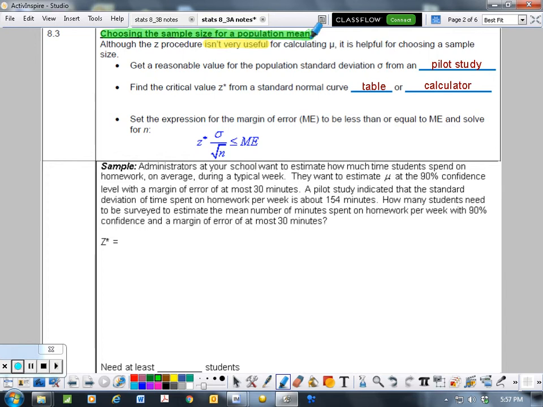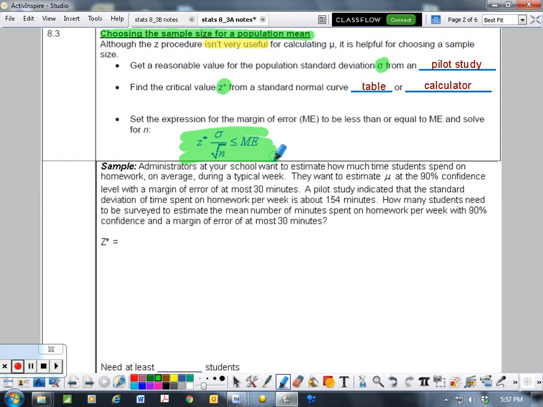But it usually requires a pilot study to help give us a standard deviation to work with. Then we're going to calculate a critical z-value from our normal curve table or from a calculator. And then we're going to use this formula right here: z star times that standard error has to be less than or equal to the margin of error.